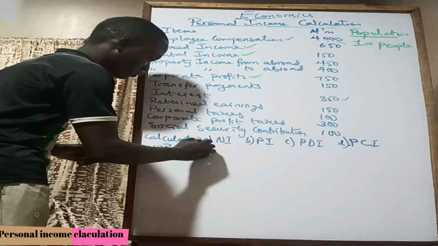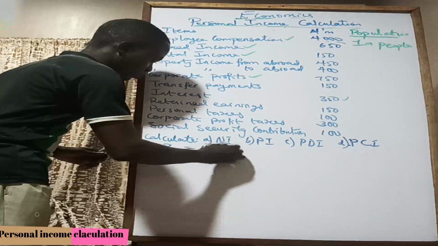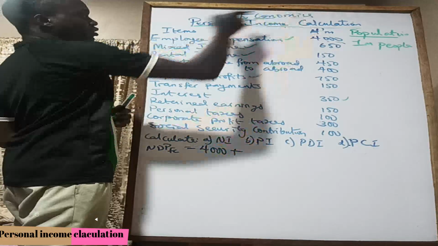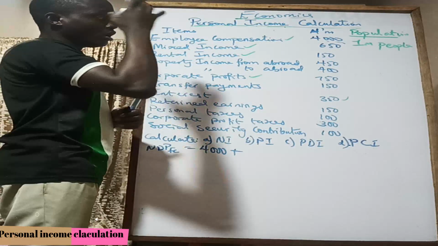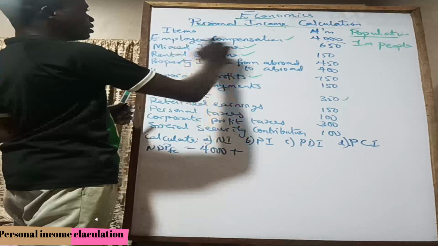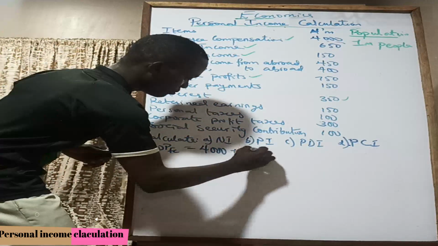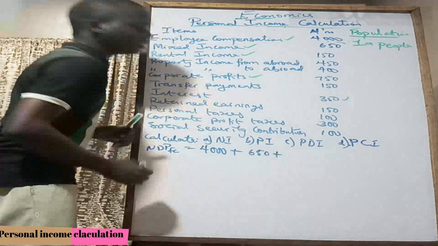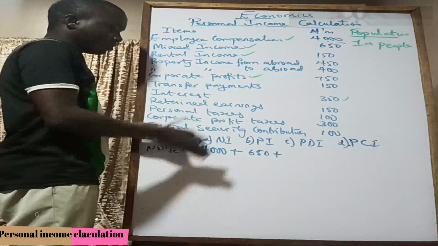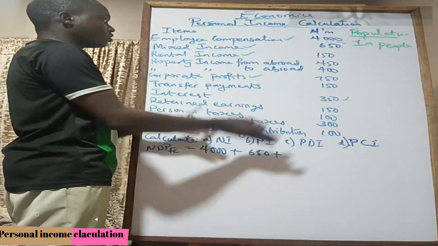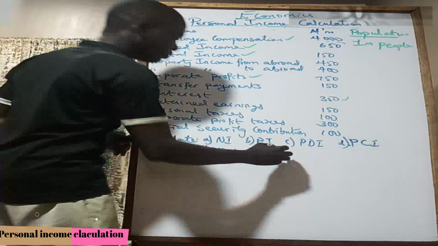So we have employee compensation of 4,000. Just remember the values are in thousands of millions, which is actually billions. Then 4,000 plus mixed income of 650. Rental income is 150.